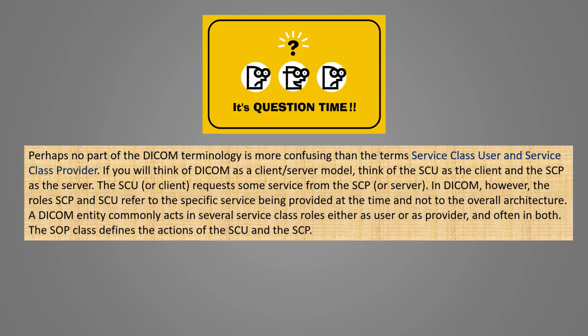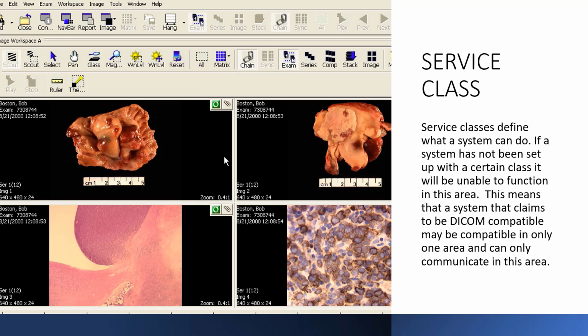It often becomes a problem for people if they don't understand the difference between a service class user and a service class provider. The big thing is that any piece of equipment can be a user or a provider or both. Service classes define what a system can do.